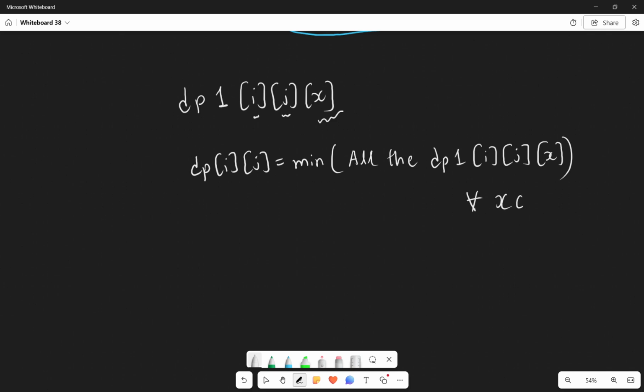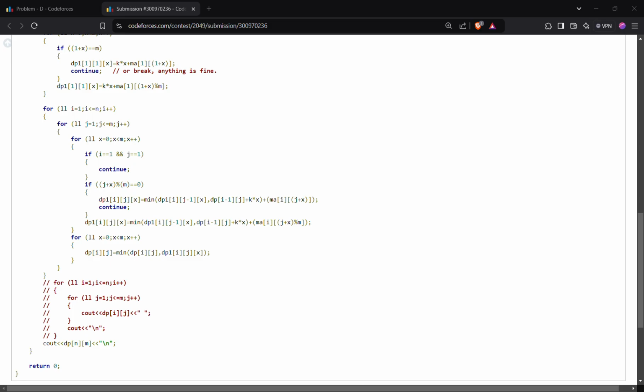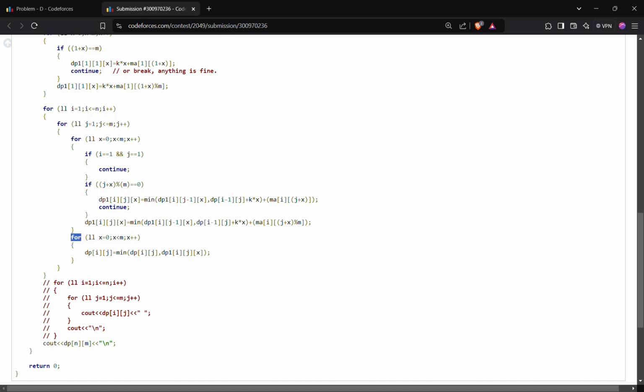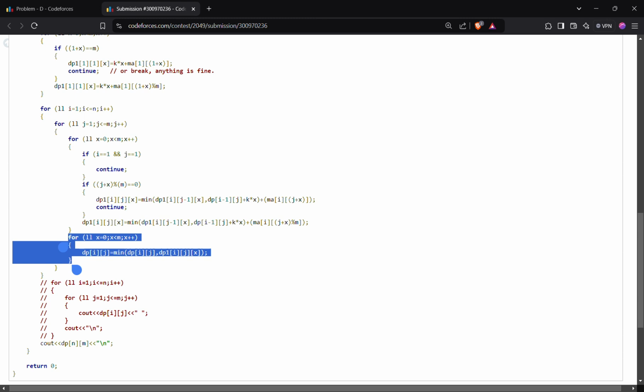Over all the x belonging to 0 to m minus 1. That is basically what this for loop is doing.